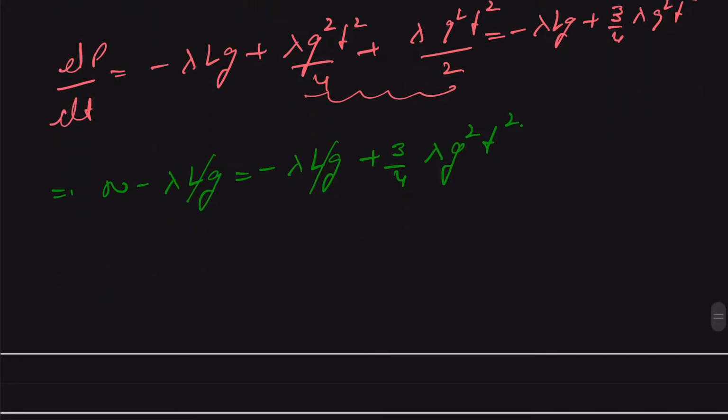Therefore we get that our normal force will be our 3 by 4 lambda g square t square. That was asked for. Okay.